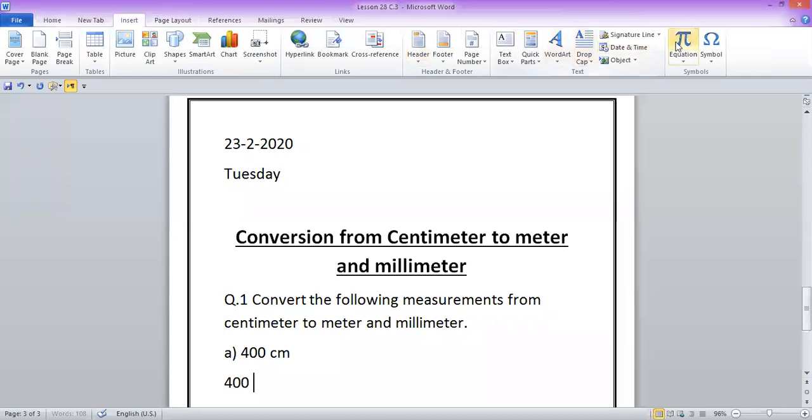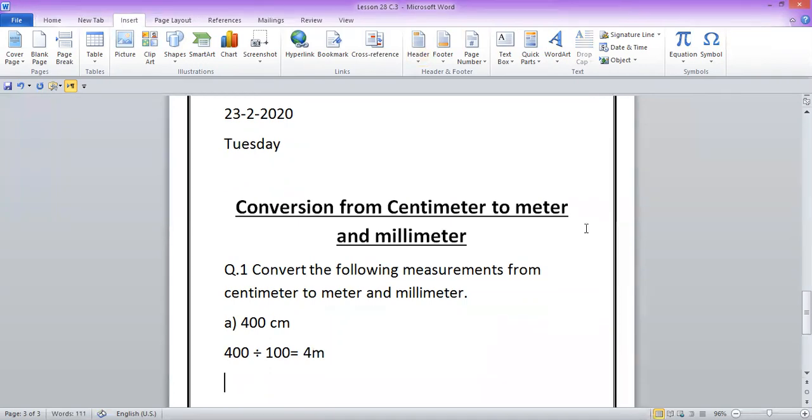So 400 divided by 100 is equals to 4 meter, and 400 multiplied by 10, because I need to find out how much millimeter that is. So it will be 4000 millimeter.